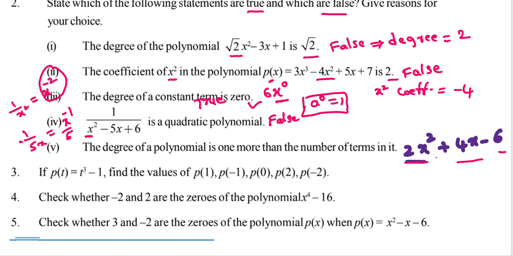Terms are 3, but what is the degree here? It is the highest power only. The highest power here is 2, so the degree is 2, so it is false.